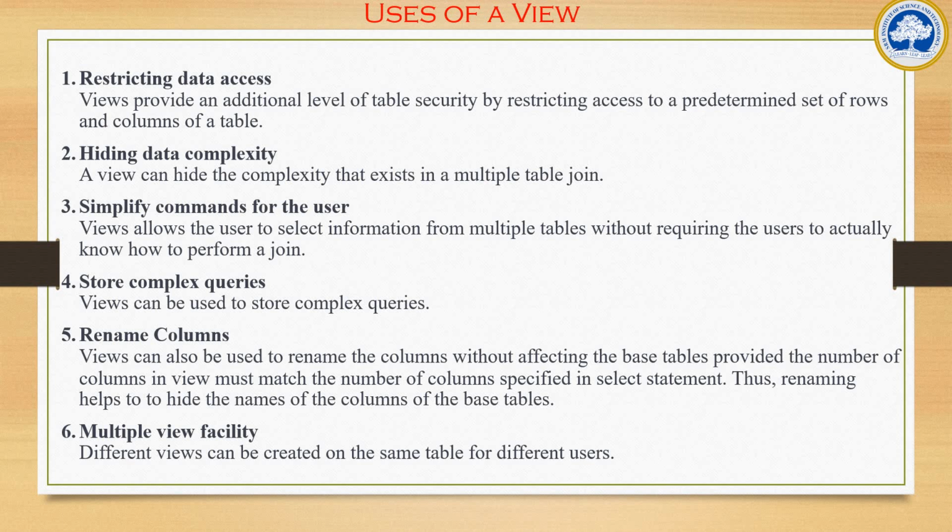Views can be used to store complex queries, and we can rename columns. Multiple view facilities are available: different views can be created for the same table for different purposes, so different users can approach it in different formats.